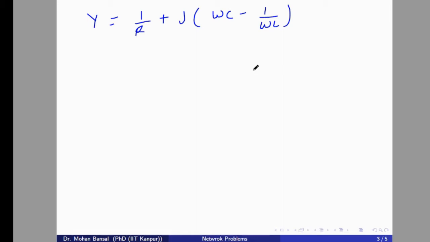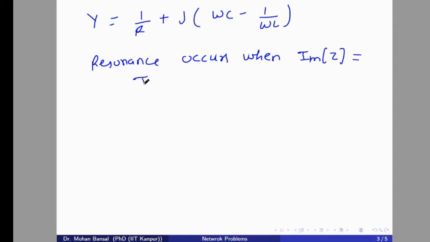So resonance occurs when the imaginary part of impedance, that is the imaginary part of admittance, is equal to 0. Here the imaginary part is omega C minus 1 divided by omega L.